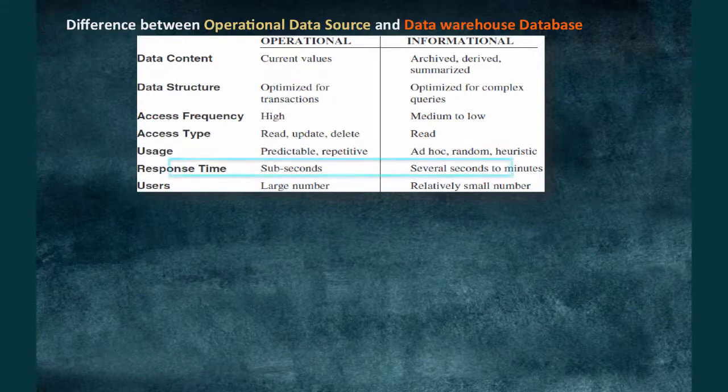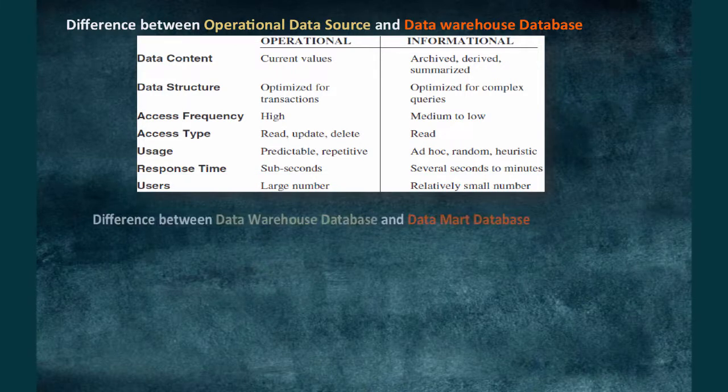Response time. For operational data, it's expected to be in sub-seconds because it's business. Example, ATM centers, grocery stores, shopping, etc. For warehouse, response time might extend up to several minutes. Users. A huge number of users on operational data and a relatively small amount of users on warehouse.